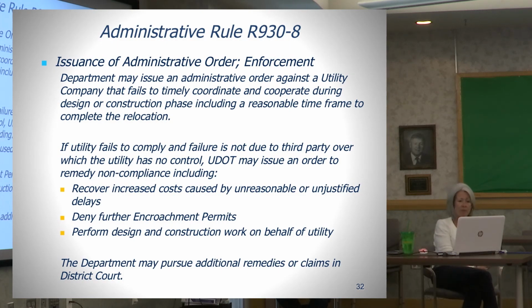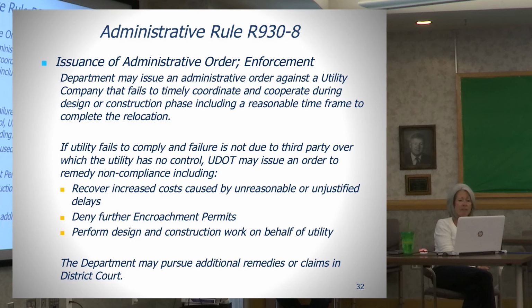The administrative rule allows the department to issue administrative orders against utility companies that fail to timely cooperate or coordinate during the design or construction phase of a project, including a reasonable time frame to complete the relocation.